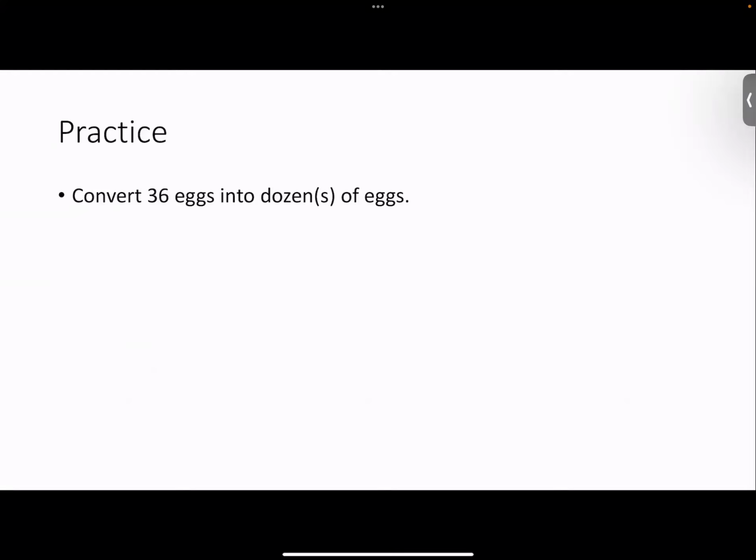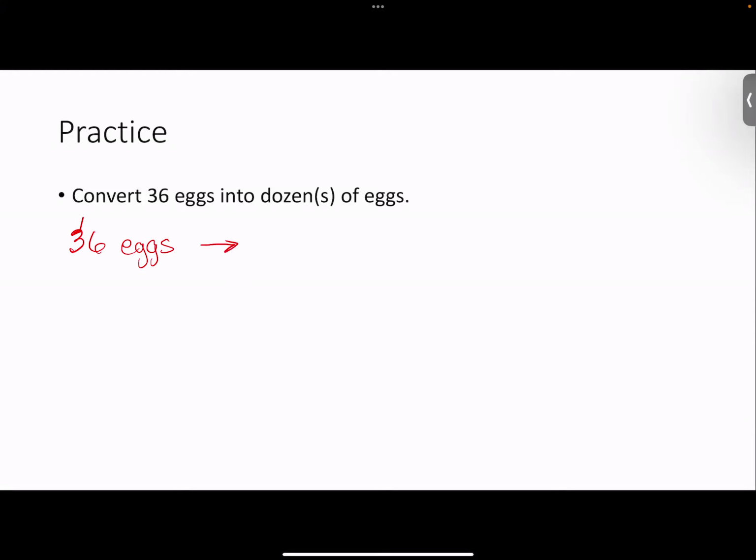I already did this one. Convert 36 eggs into a dozen? Although we've done this, and you can do this in your head, let's use the steps. Number 1, we're identifying what was given in the problem. We were given 36 eggs. Number 2, identify what it is you want to solve for.